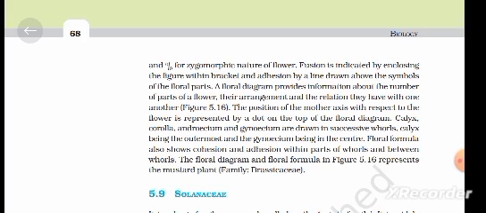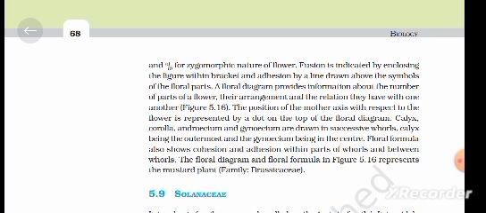The position of the mother axis with respect to the flower is represented by a dot on the top of the floral diagram. Calyx, corolla, androecium and gynoecium are drawn in successive whorls, calyx being the outermost and the gynoecium being in the centre. Floral formula also shows cohesion and adhesion within parts of a whorl and between whorls.